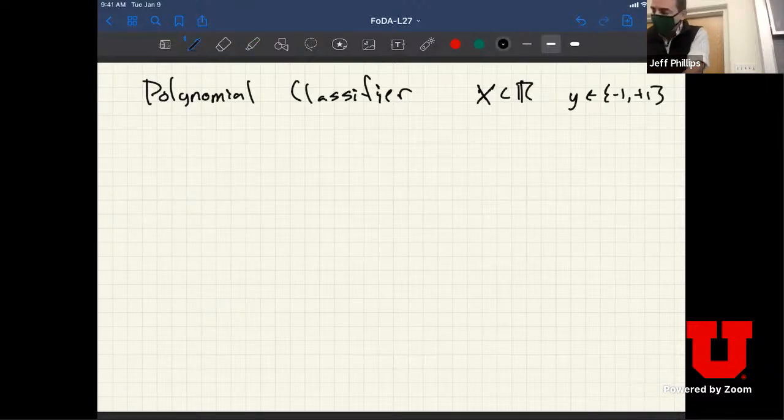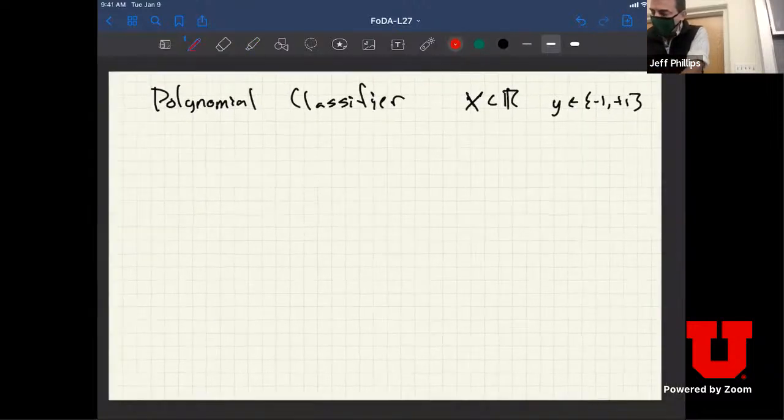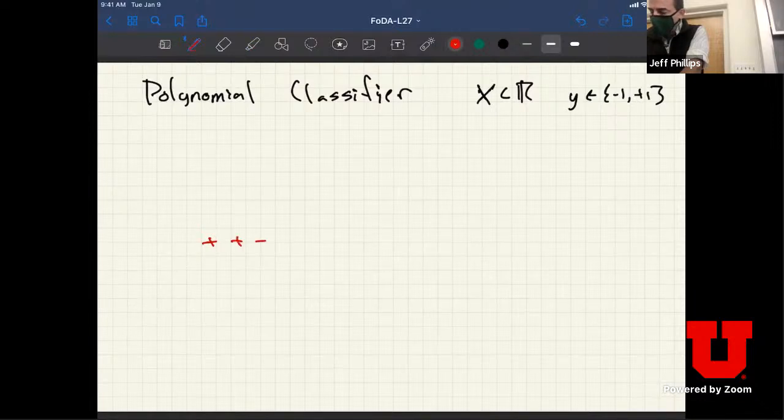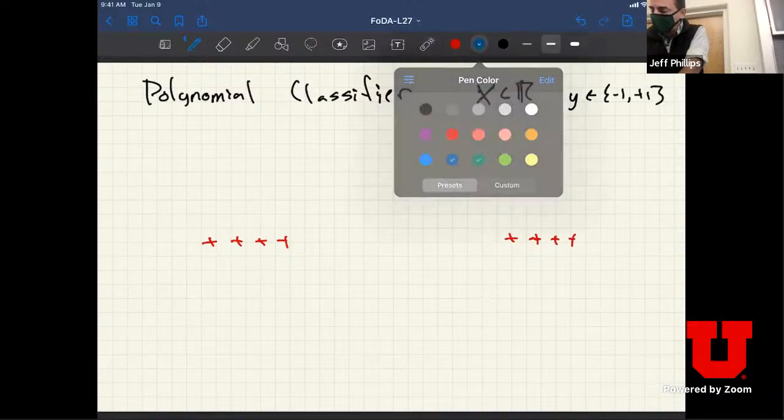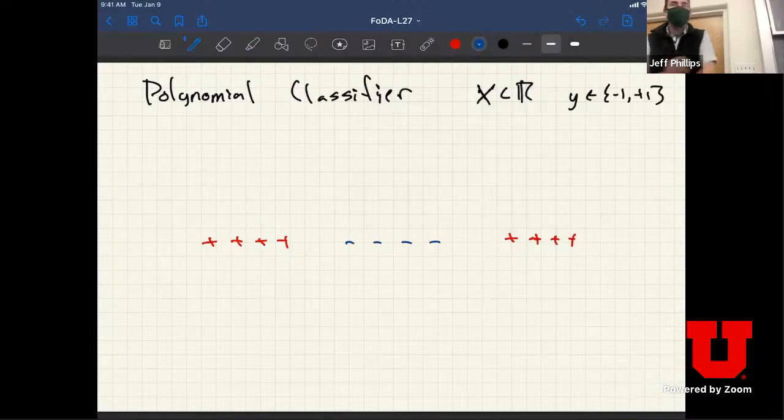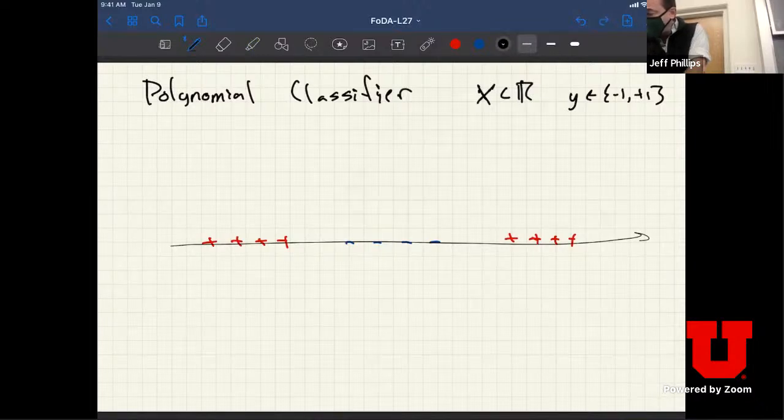I'm going to get a set of plus and minus points, like in the example I showed before, that is non-separable by a linear classifier. This is just in one dimension, and this is the value of xi.